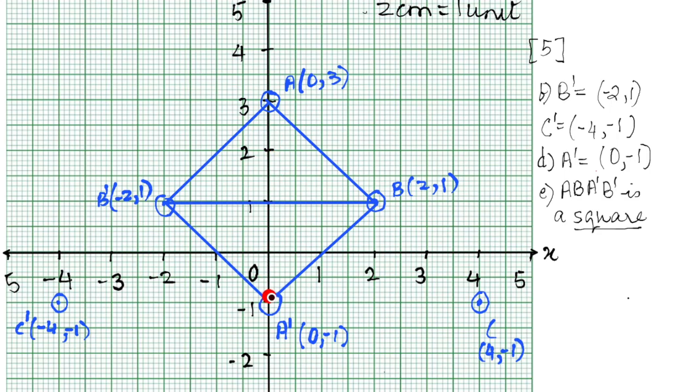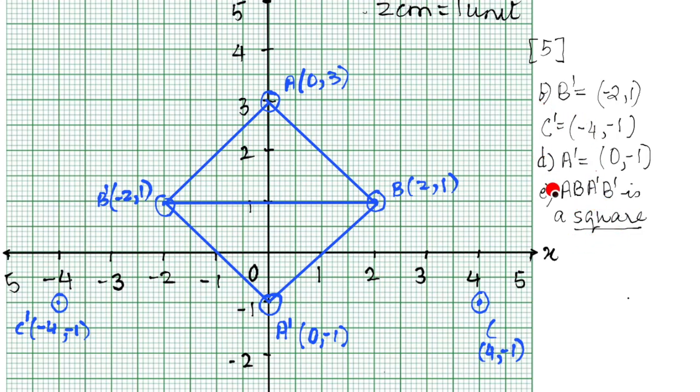The diagonals are equal and the diagonals are bisected at right angles. That makes it a square. We cannot say it's a rhombus. For rhombus, it is all sides equal, parallelogram, diagonals are unequal. The rhombus which will have two diagonals equal becomes a square. Okay, so this A dash B dash is a square.